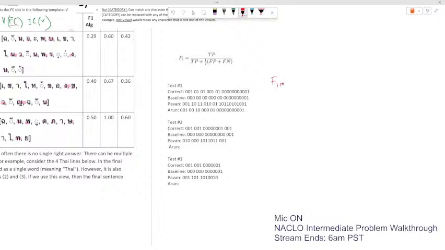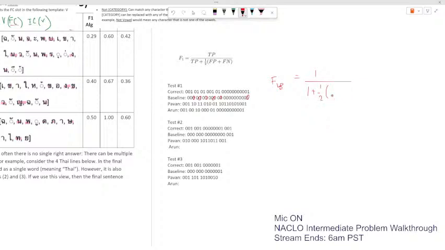of baseline equals true positives, right? We have 1 true positive. 1 true positive over true positives 1 plus 1/2 false positives 0, false negatives 1, 2, 3, 4, 5.